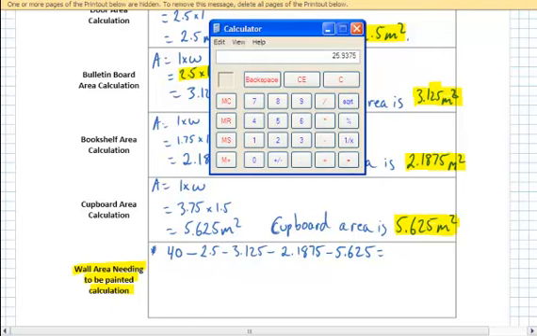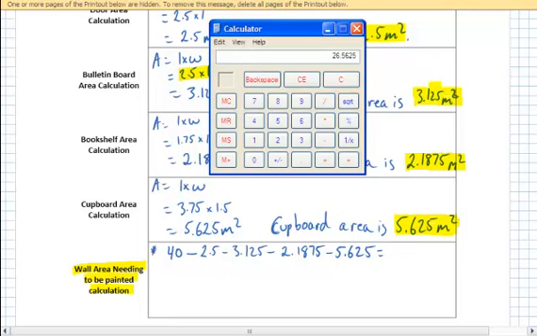Now I'm going to double check that, because I think I made a mistake. 40 minus 2.5 minus 3.125 minus 2.1875 minus 5.625.